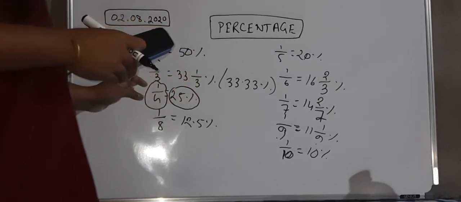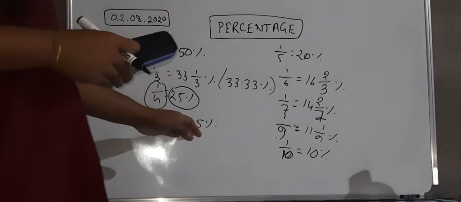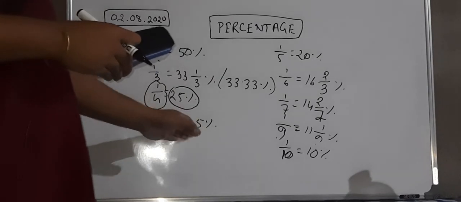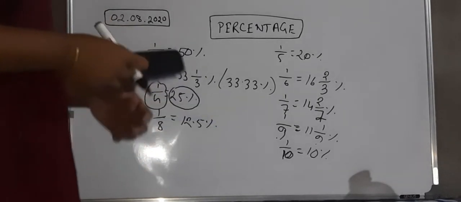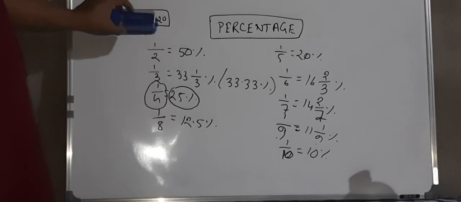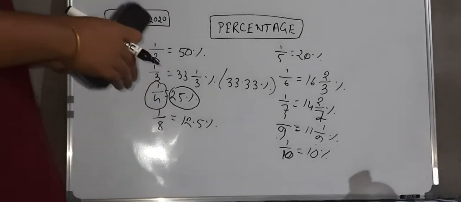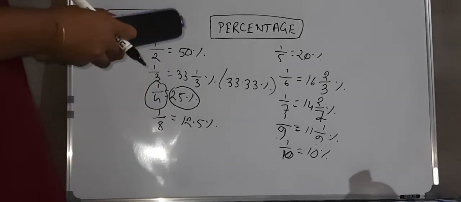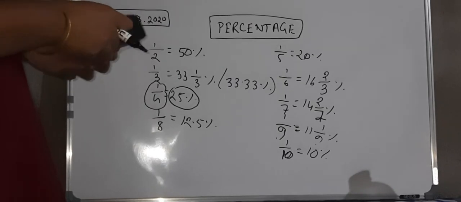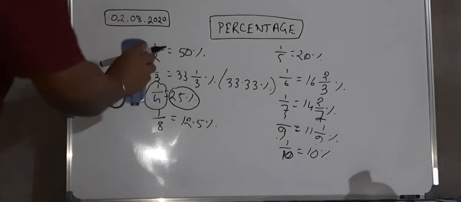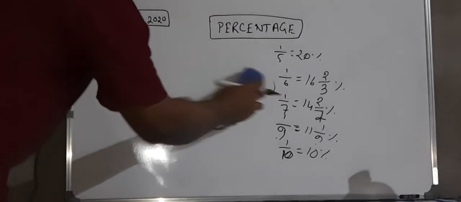All you have to do is just multiply the fraction by 100. Now again in 1 by 8, what I have done is, 1 by 8 is basically half of 1 by 4. So the answer is half of 25%, which is 12.5%.